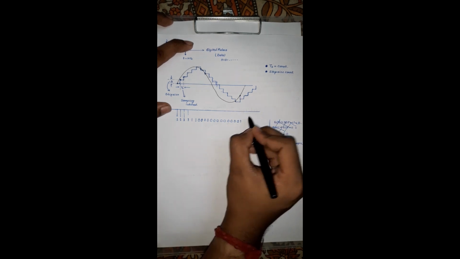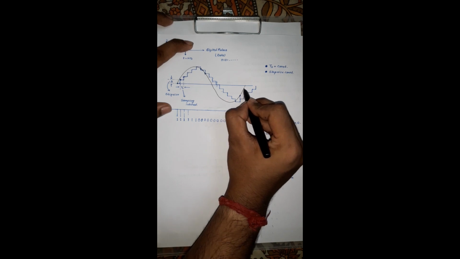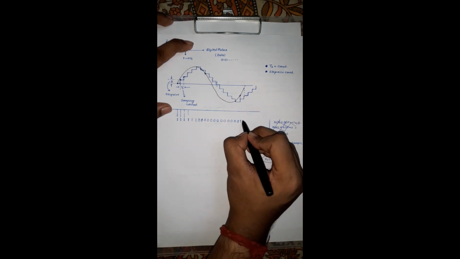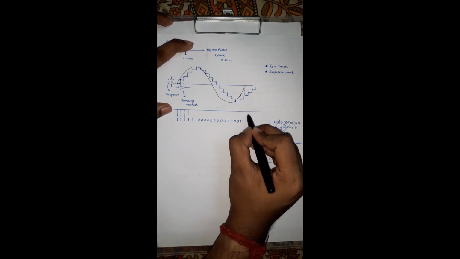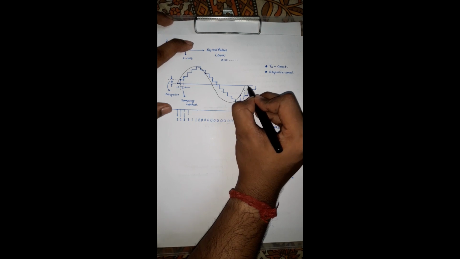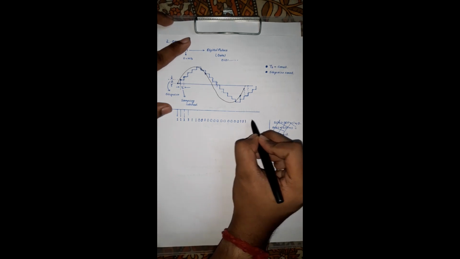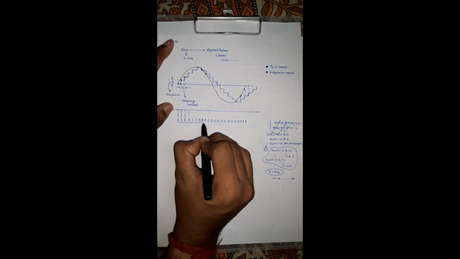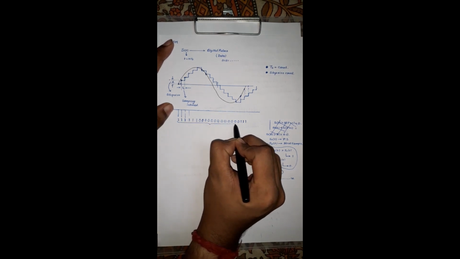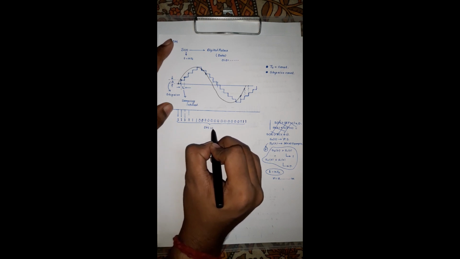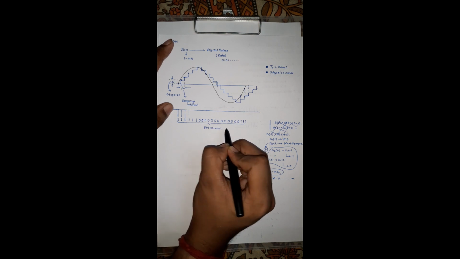At that time it will generate a 1 again, and at this instant it is also saying that this sample value is greater than the previous one, so it is again 1, and at this stage again 1. So this is the bit stream that we have got over here. This is the delta modulated stream.